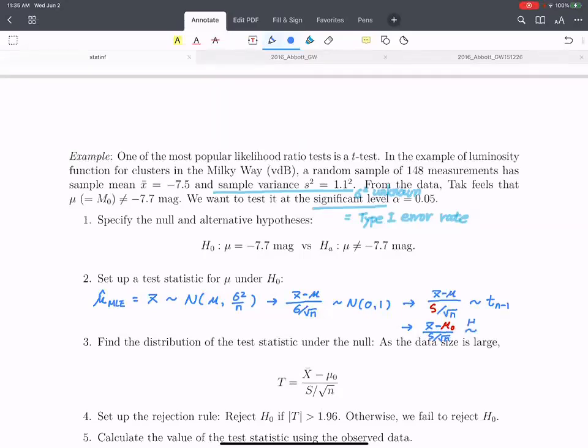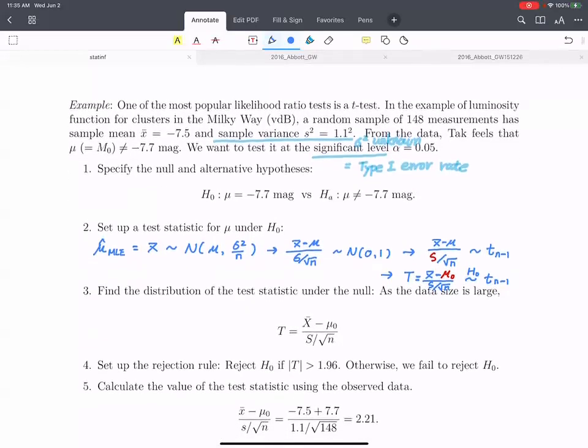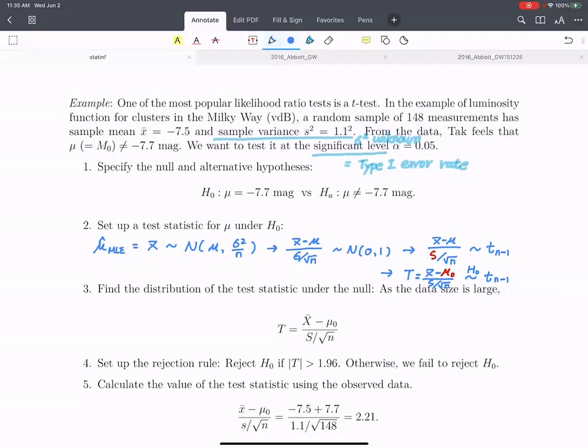And now this is again a t distribution, but this time it is under the null hypothesis, meaning that the value of negative 7.7 is true. If the true brightness is negative 7.7, the final test statistic, defined by T, will follow a t distribution with n minus 1 degrees of freedom.